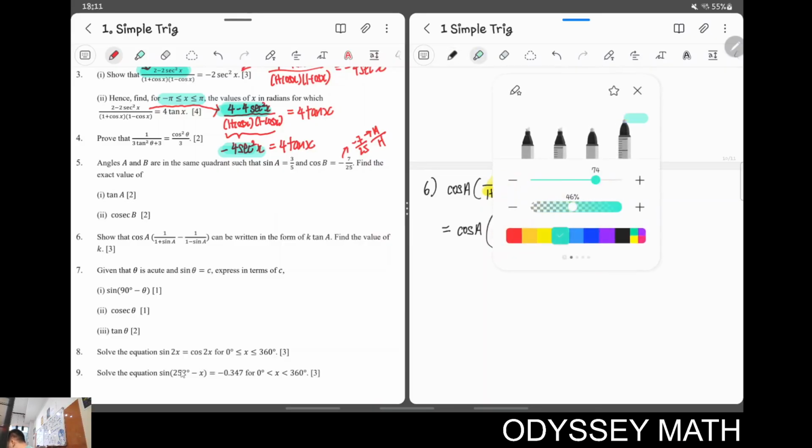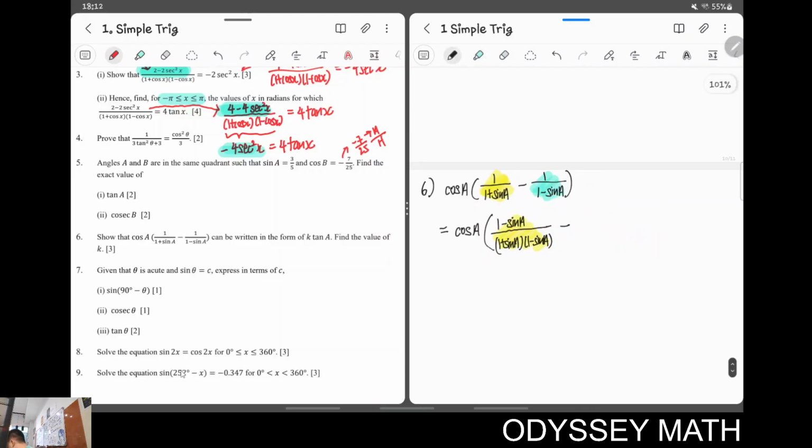Minus, now this fraction in blue, I will multiply the top and bottom by 1 plus sine A. And now I will combine the two fractions together. So I will have 1 minus sine A minus 1 minus sine A over.